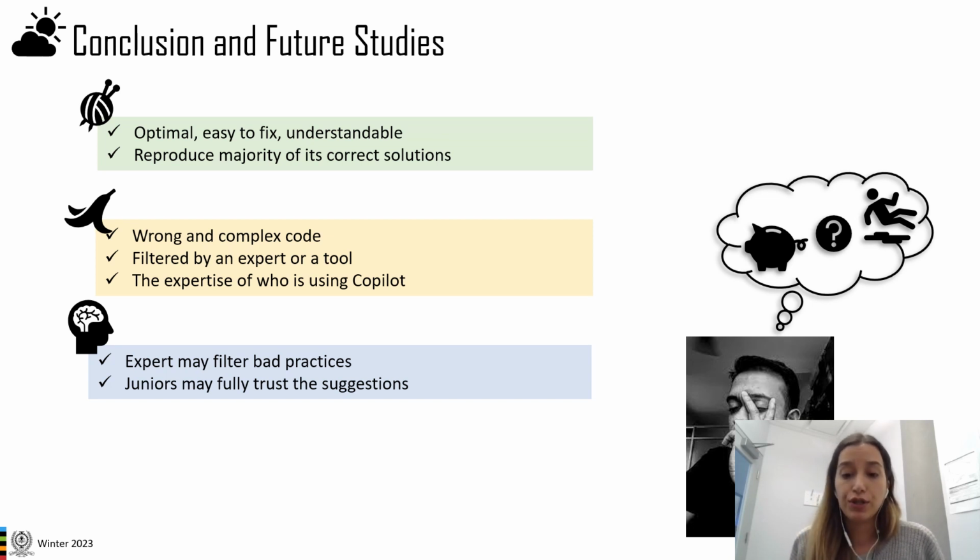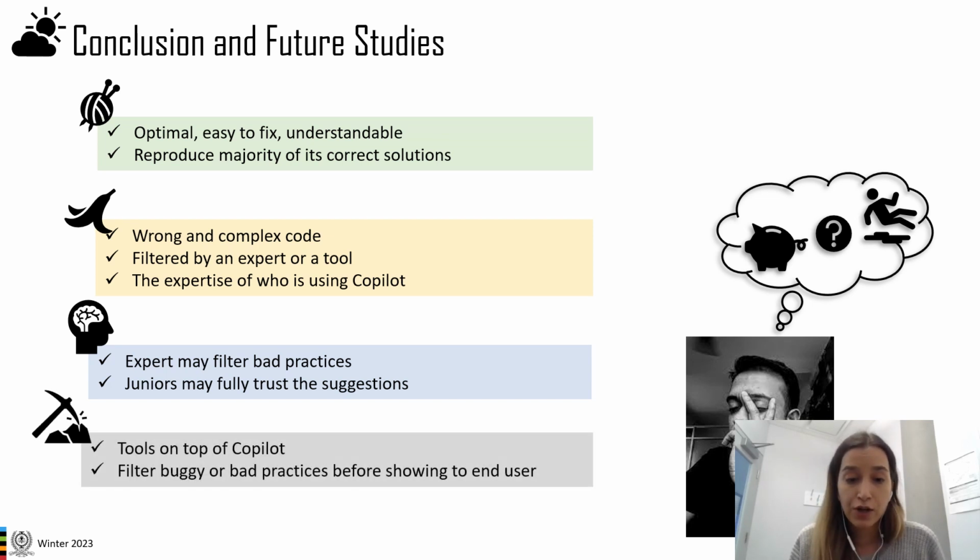However, juniors may fully trust these suggestions and accept them, even buggy and complex code. So as a future direction, we could build tools on top of Copilot that filter buggy code or bad practices even before showing them to the end user.